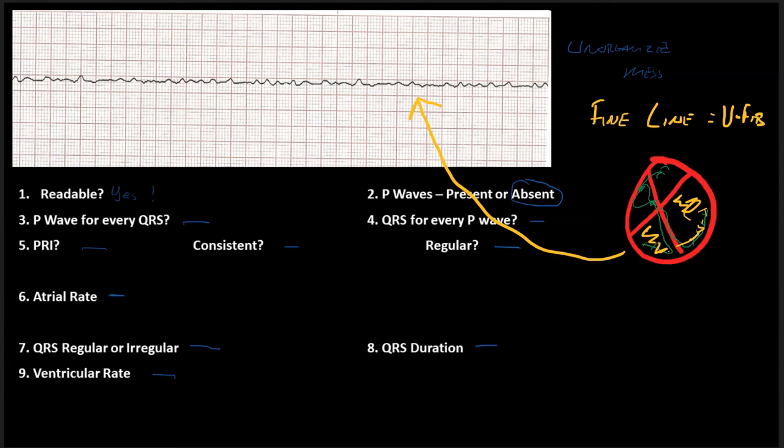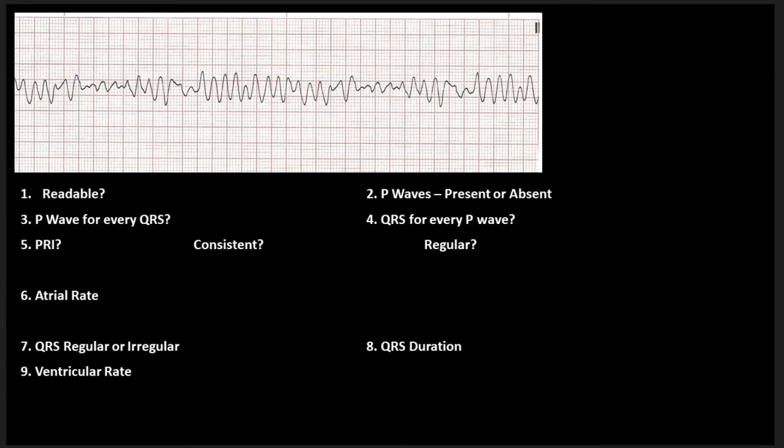So let's take a look here at a coarse V fib to look at the differences between the two. I just pulled in another slide, so that's why there are no more drawings on here. But as you can tell, this is a V fib, which we identified earlier, but this is more coarse.